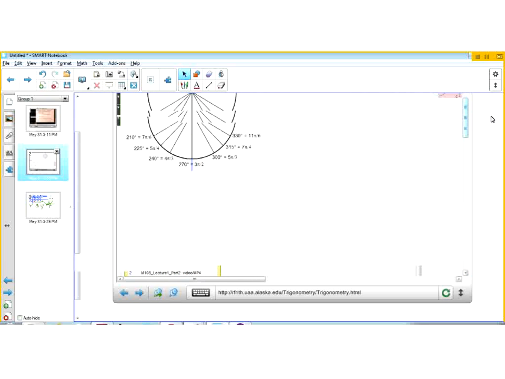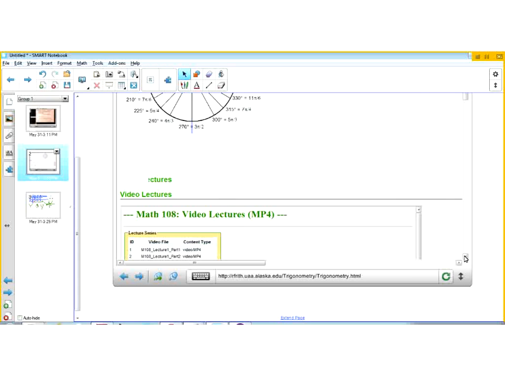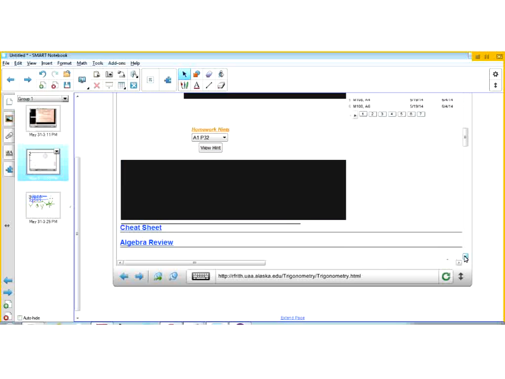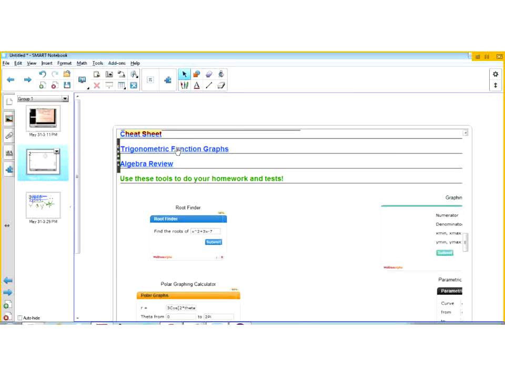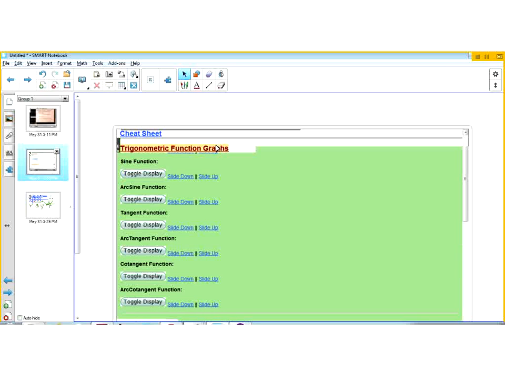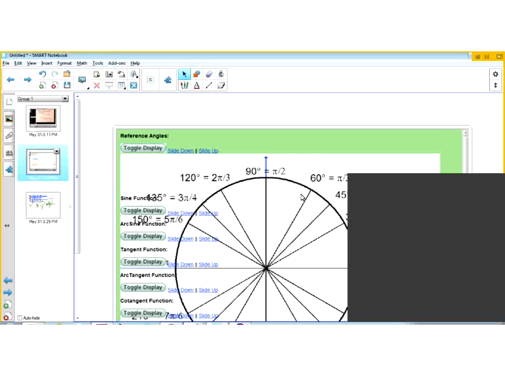Let's keep going here. Oh wait, here we go. Trigonometric function. Let's check this link right here. And let's check reference angles.